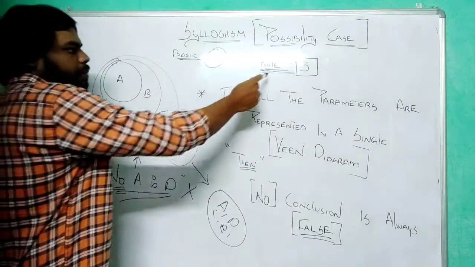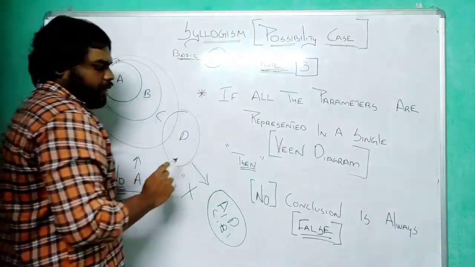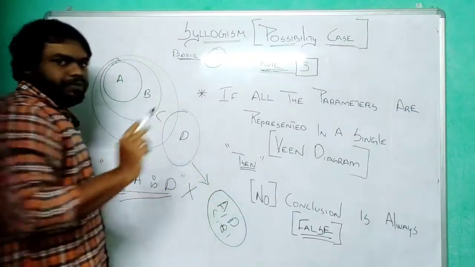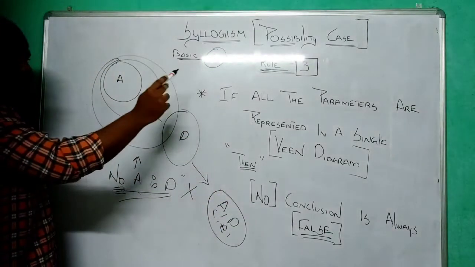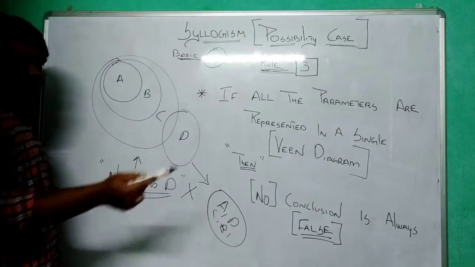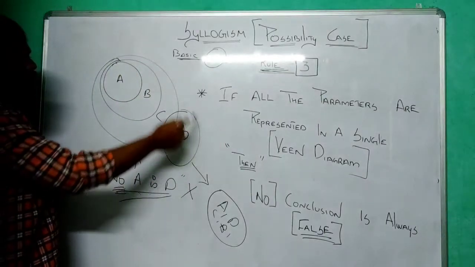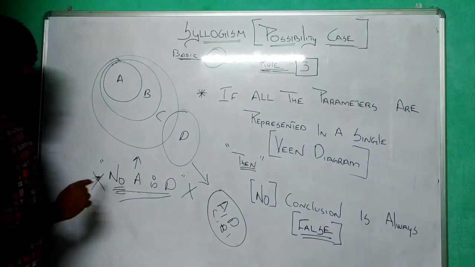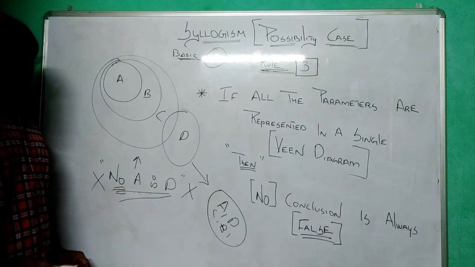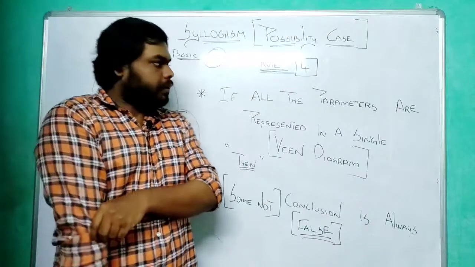So, going by rule 3, if all the parameters are represented in a single Venn diagram, then a no conclusion is always false, right? If you see a no conclusion in the possibilities case, we always check possibilities for a no conclusion, right? If you see all the parameters are in a single Venn diagram and if you see a no conclusion, you should definitely mark it as wrong, right? No second thoughts, right?